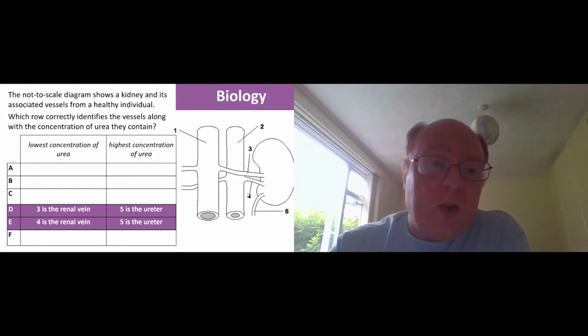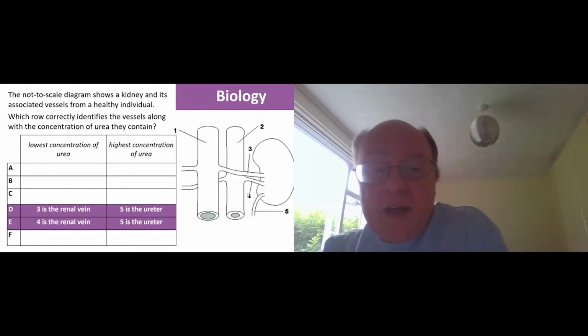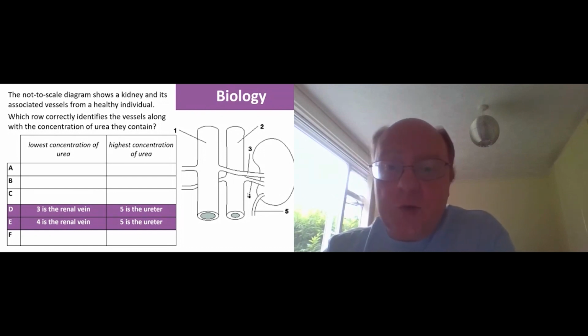So if we look at the other column, D refers to 3 and talks of that as the renal vein. We can see that 3 is connected to 1, which is a vessel which has quite a thin wall and quite a wide channel through it. Whereas E refers to 4 as the renal vein. We can see that 4 connects up to vessel 2.